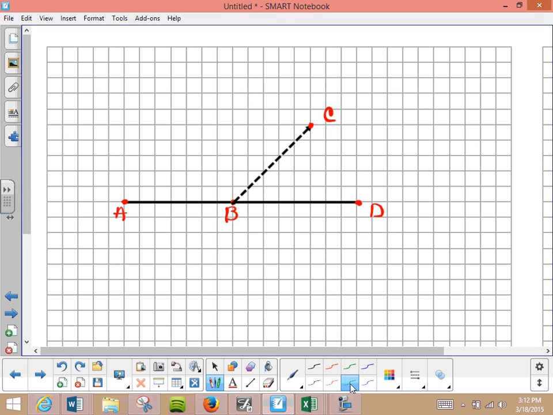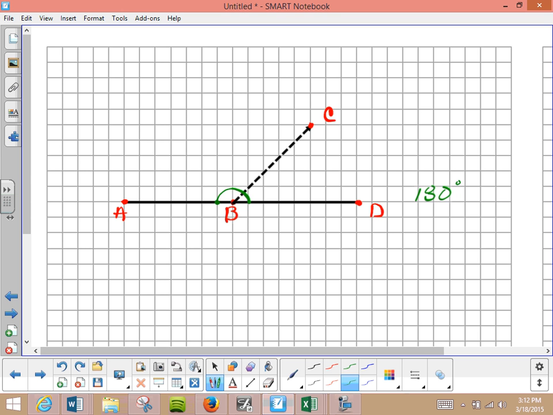For point B, when you go from here to here, you create a 180-degree angle. That means a straight line has a 180-degree angle when you find a point there. So a 180-degree angle for point B, because it's a big straight line.